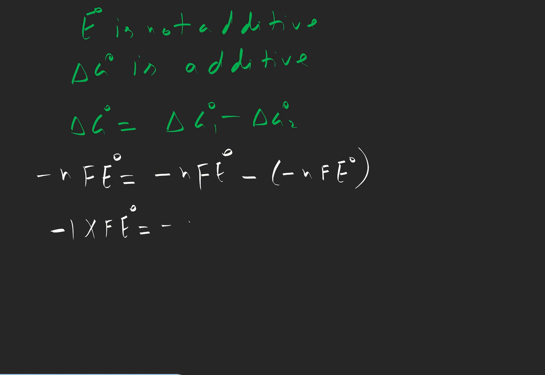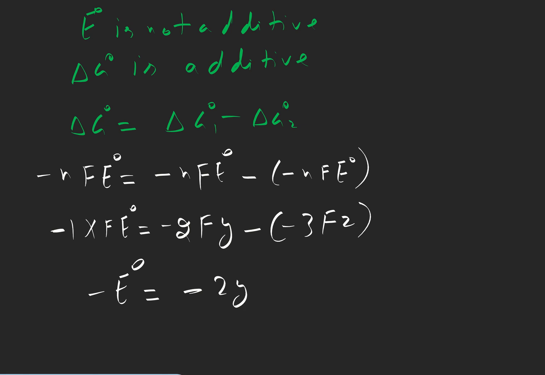I will make here 2FY minus of minus 3F into Z. So it will be minus of E naught is equal to minus of 2Y plus 3Z.